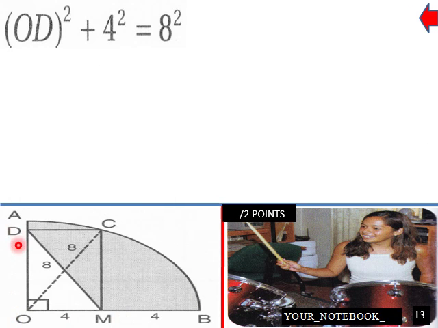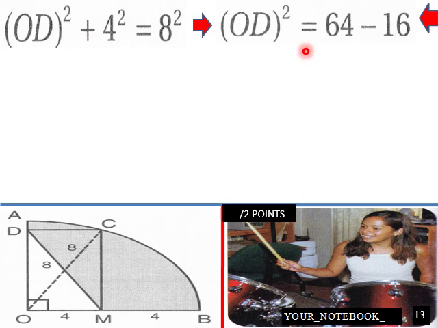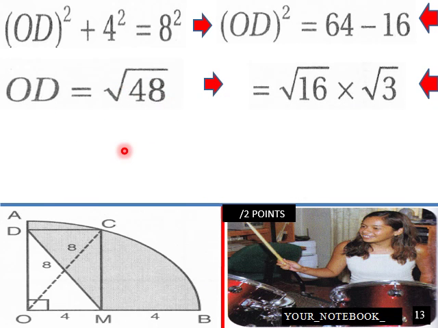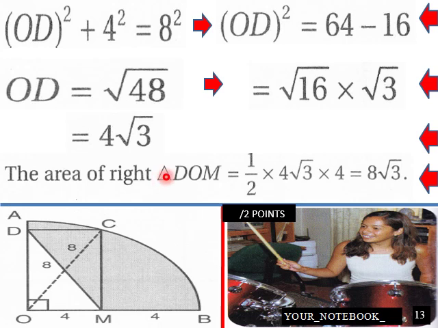OD squared plus 4 squared equals 8 squared. We do our algebra here. OD equals square root of 48, and that equals square root of 16 times square root of 3, 4 times square root of 3.